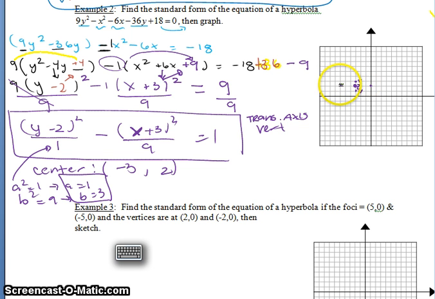So then you have your box, which you make with your vertices, your a and your b. Once you have your little box, then you can draw in your asymptotes. Your asymptotes go through the corner of your box and through the center.